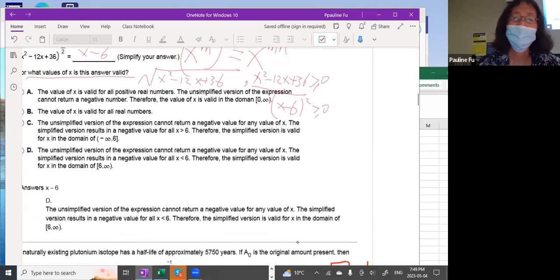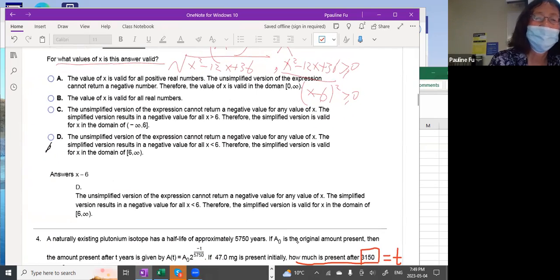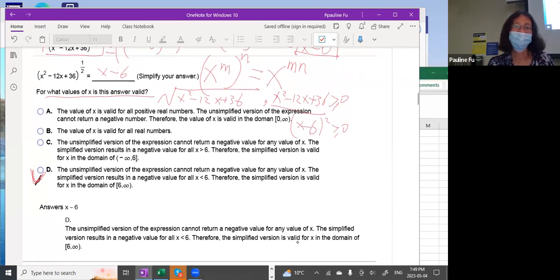Okay, and then this is the correct answer. I give you a moment to digest why this is the correct answer, D. From here we get x greater than or equal to 6.